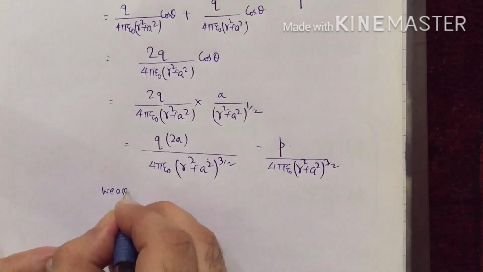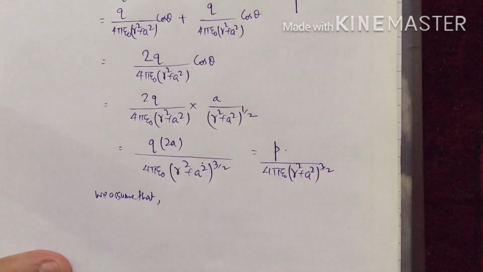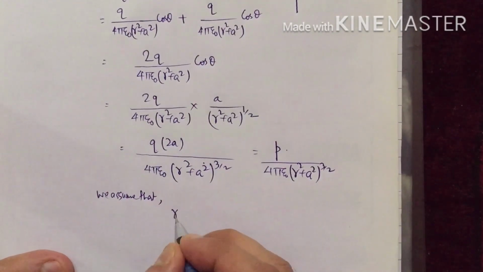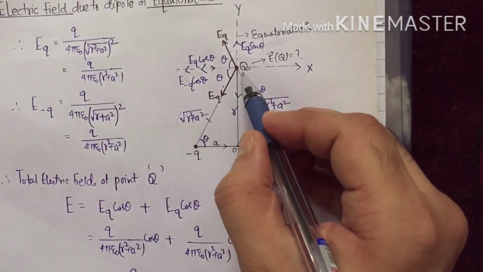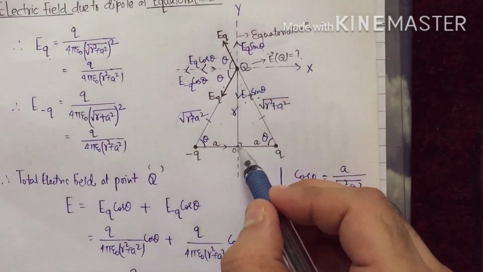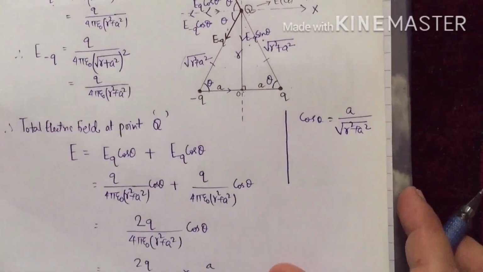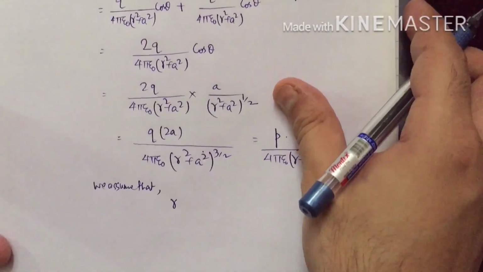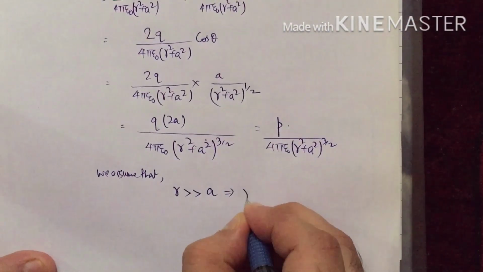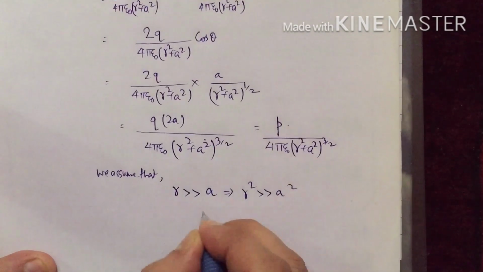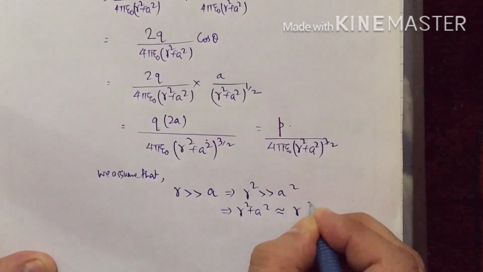We again assume the condition. We assume that R, what is R? R is the distance of this point Q from the center of the dipole. This point Q is very far from the dipole, so R is much greater than A. This implies that R square will be much greater than A square, which further implies that R square plus A square becomes equal to R square.